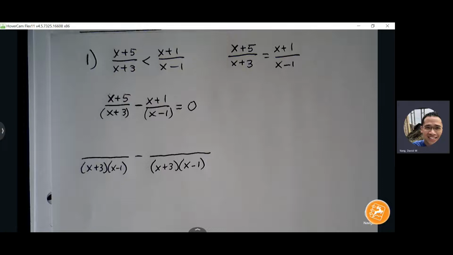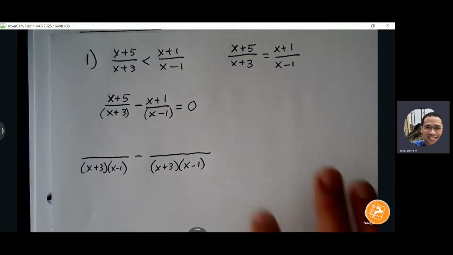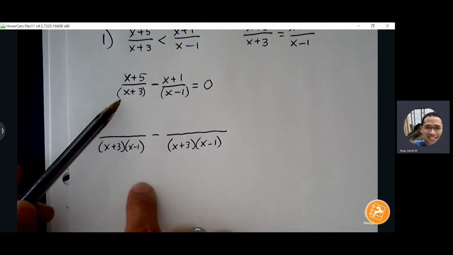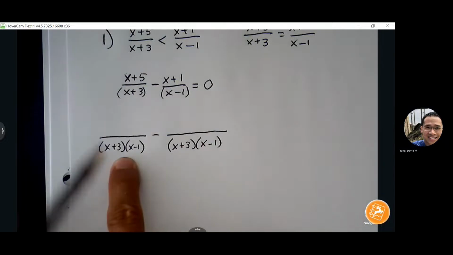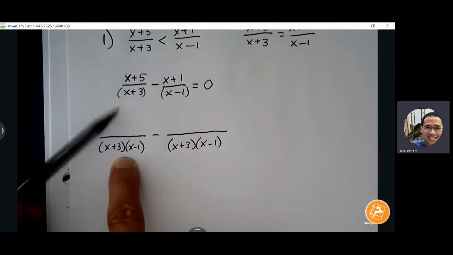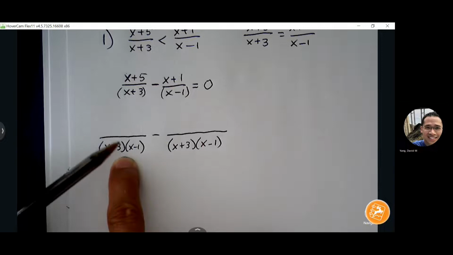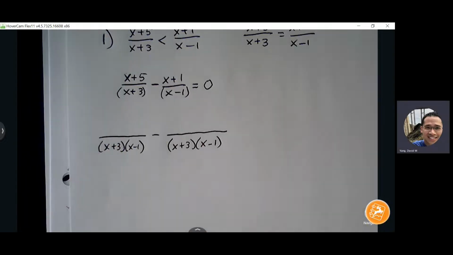Okay, so now we need to balance each of the numerators. We got to ask ourselves, what changes occurred between this first denominator and this new denominator? What's been added? x - 1, right? So because we needed an x - 1 to get to the new denominator, I need to do that to the numerator as well.